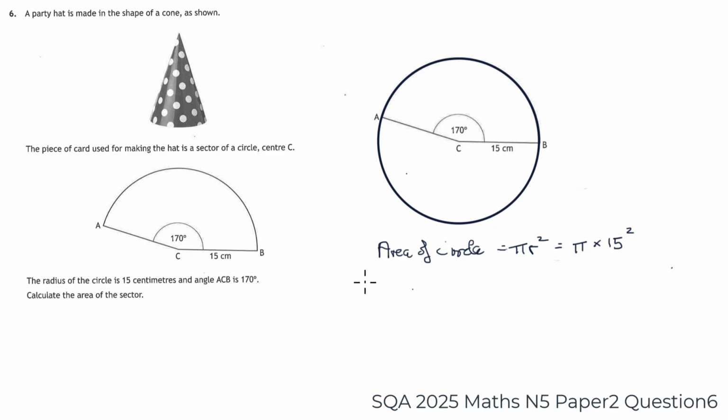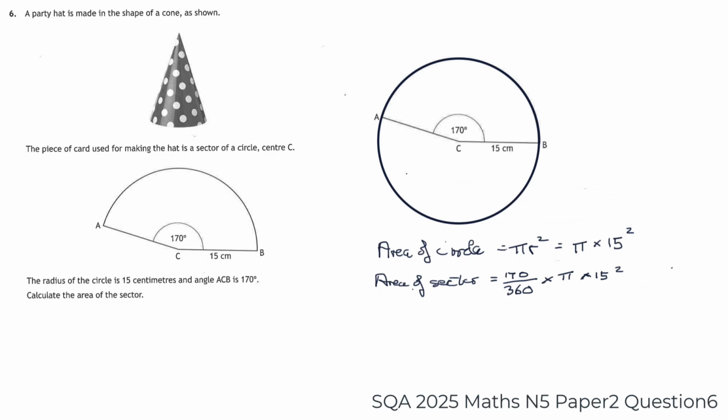So the area of the sector will be a fraction of that circle, and it will be 170 compared to 360. 170 over 360, that fraction of the circle. So that's the calculation that we're going to have to do.